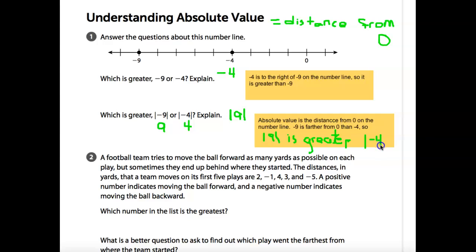Because -9, the absolute value is 9 steps from 0, and -4, the absolute value is 4 away from 0.